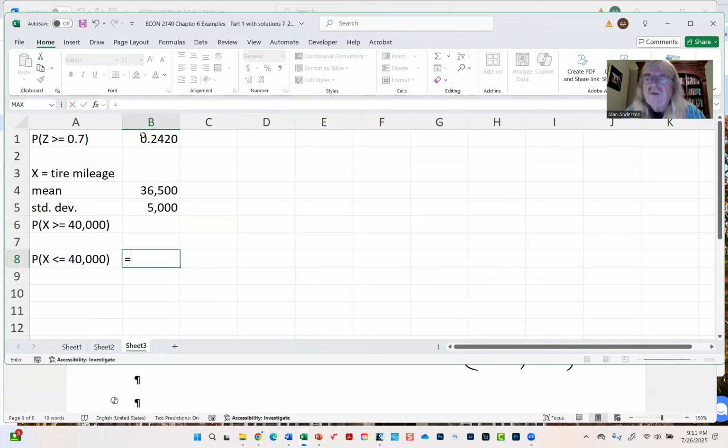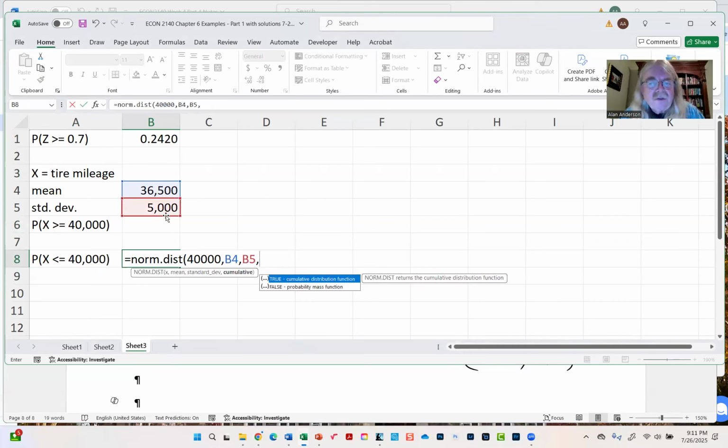Here the Excel command is slightly different. Instead of norm.s.dist, it's norm.dist, dist without the S. But now, in addition to the X, we have to tell it the value of the mean and the standard deviation, which I'm going to use cell references for. And remember that 1 there, don't forget the 1.